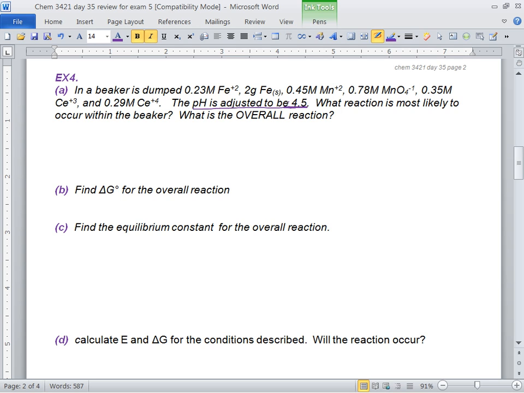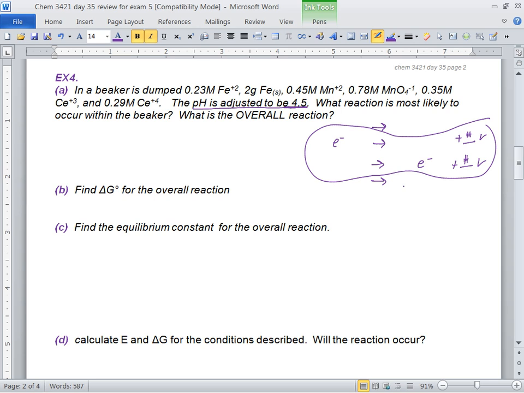So my game plan for this is to identify some half reactions, and pick the two that are the most positive. Whatever combination gives me the most positive answer, those are the two half reactions that I'm going to pick.